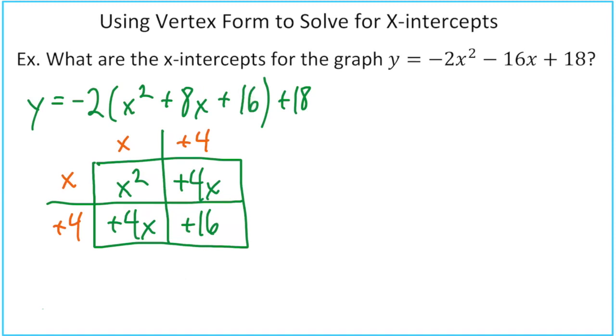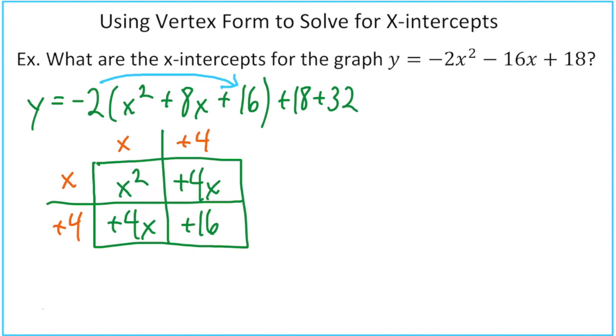Now, that 16 is being multiplied by the negative 2. So on the outside, we have to do the opposite of negative 2 times positive 16 to balance the equation. Negative 2 times 16 would be negative 32, and the opposite of negative 32 is positive 32.